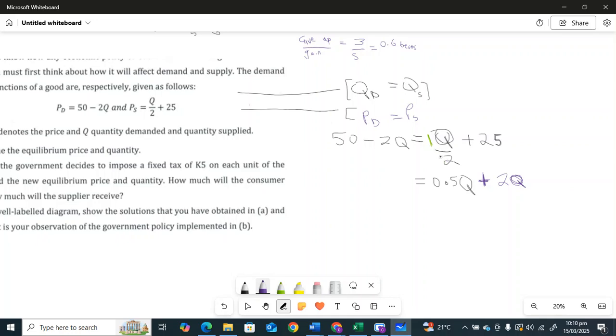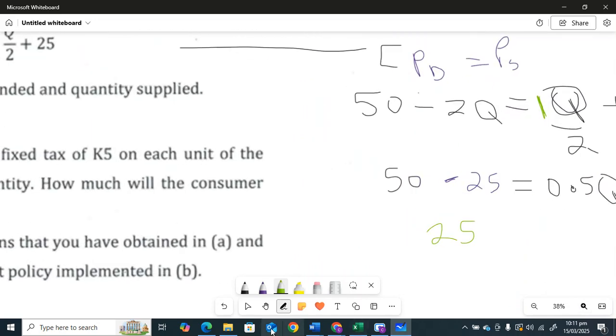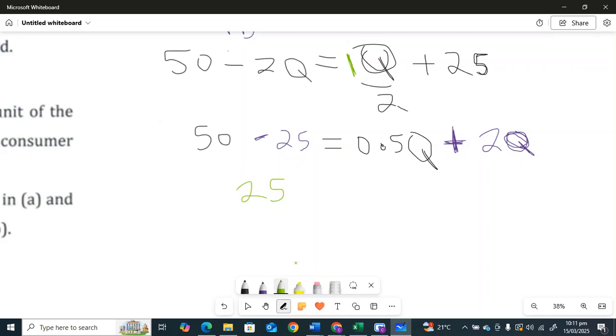So you say 1 divided by 2 is 0.5. This positive 25 comes over the equal sign, becomes negative 25. 50 minus 25, we get 25. 0.5Q plus 2Q equals 2.5Q.